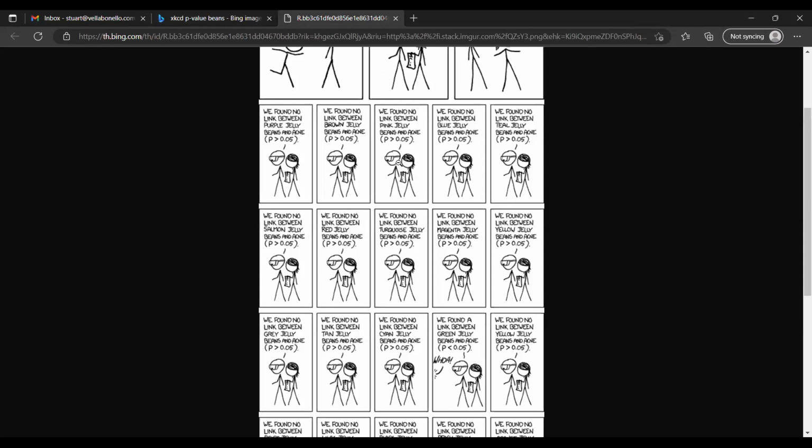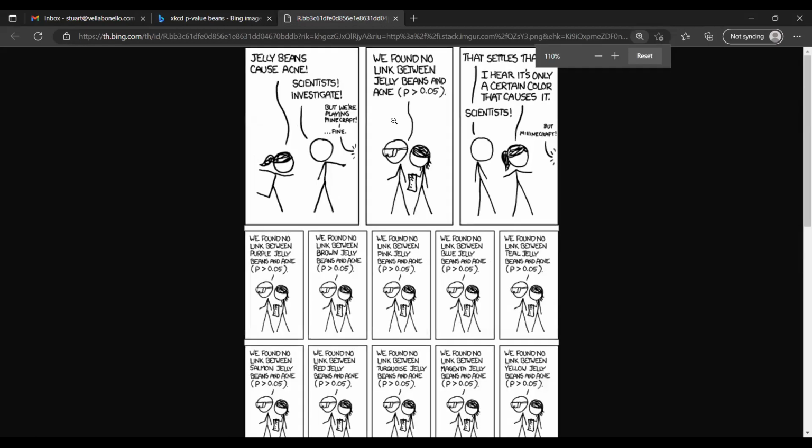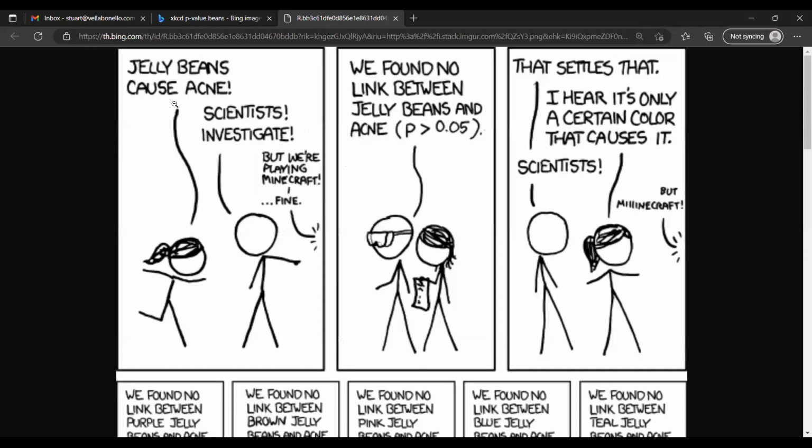Yeah, look. So look, this is your hypothesis: jelly beans cause acne. So you're going to collect your data, and hopefully at this point, we're easily seeing what the predictor variable is and what the response variable is. The way it's being phrased is a clear causal direction.